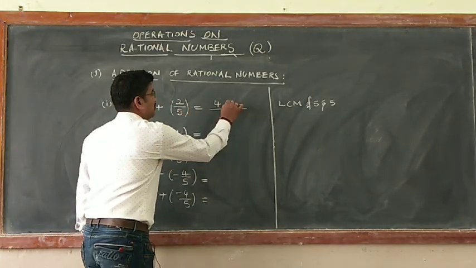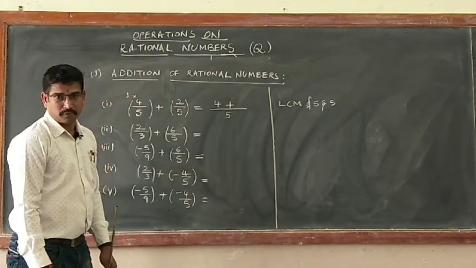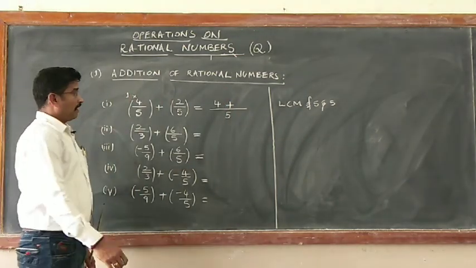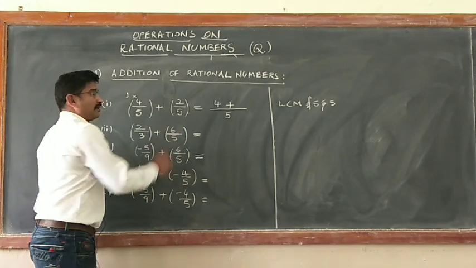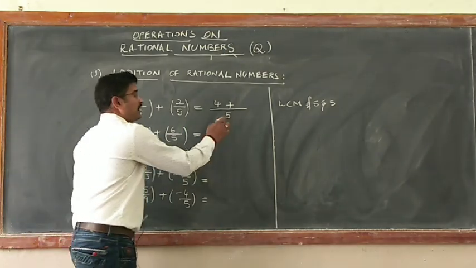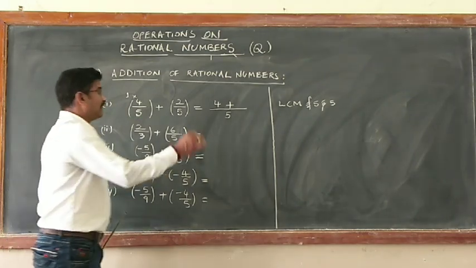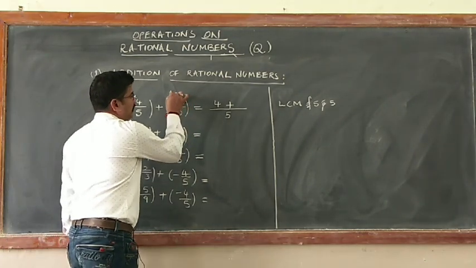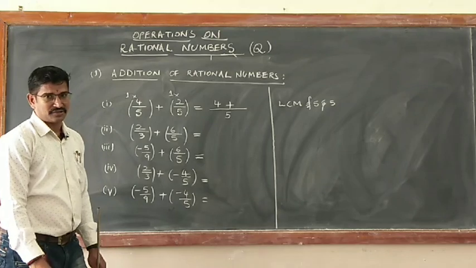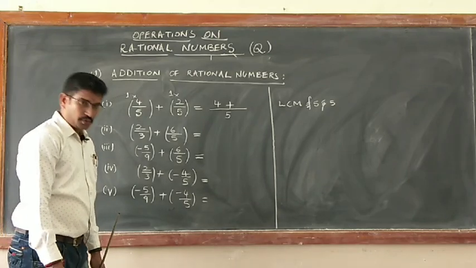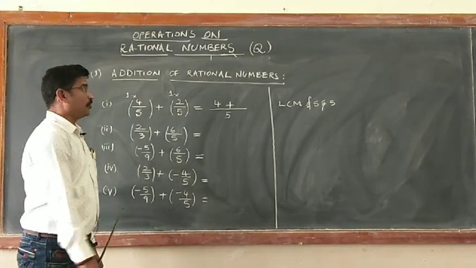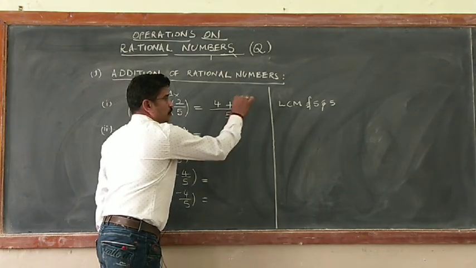Since the operation is addition, we will take plus sign. Then this denominator 5, how many times of this LCM? It is again 1 time. That 1 time is multiplied to this numerator of the rational number 2 by 5, that is 2, and 2 into 1 gives 2.